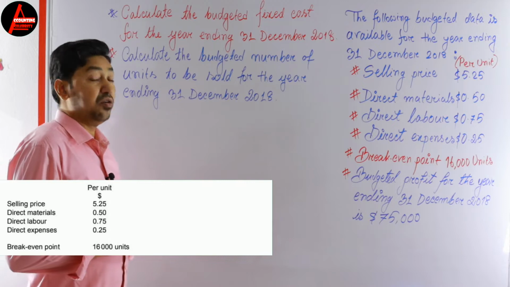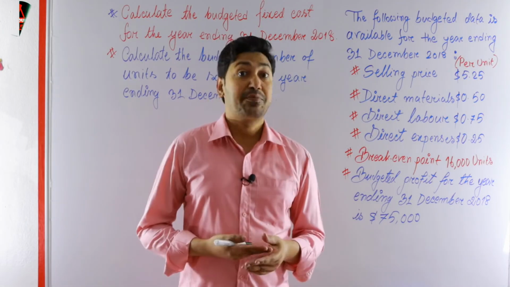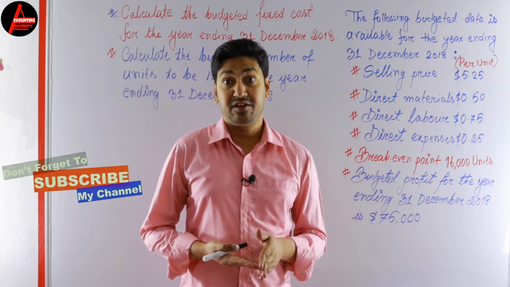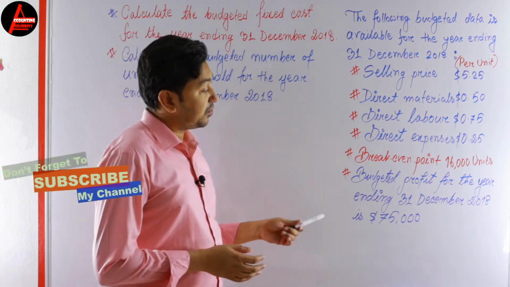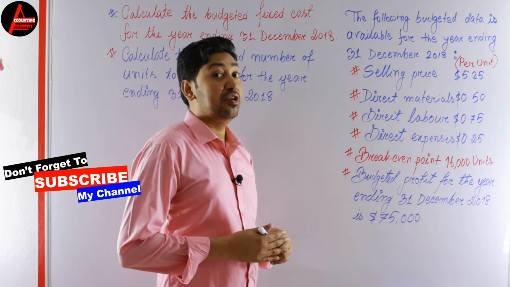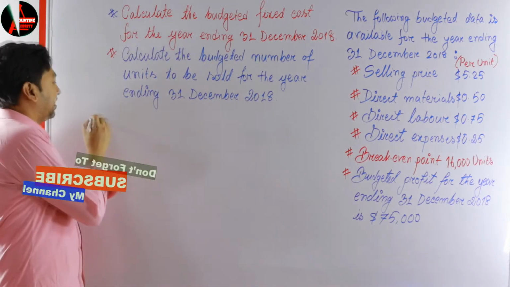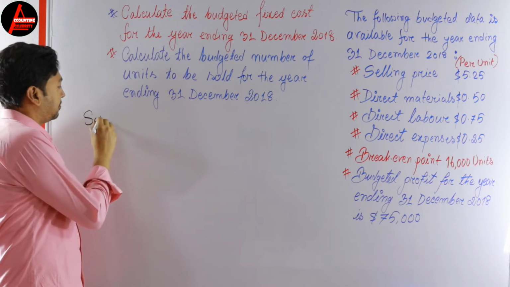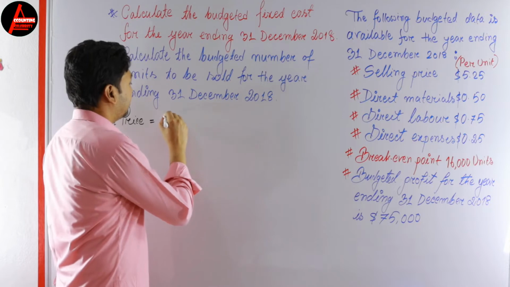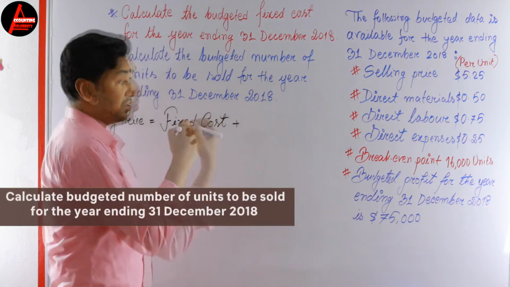Okay, now how to calculate, what to do first of all. So we know selling price equal to fixed cost plus the profit. Okay, so we have here profit for the year, we have to extract fixed cost. Okay, then we will be able to calculate our selling price. Let us write here selling price equal to fixed cost plus profit.